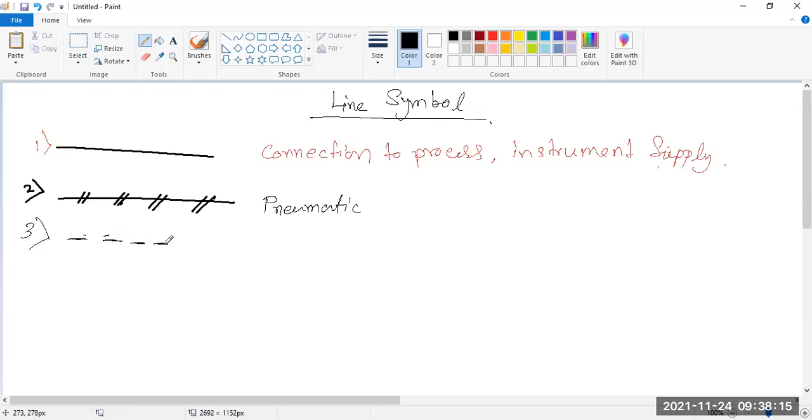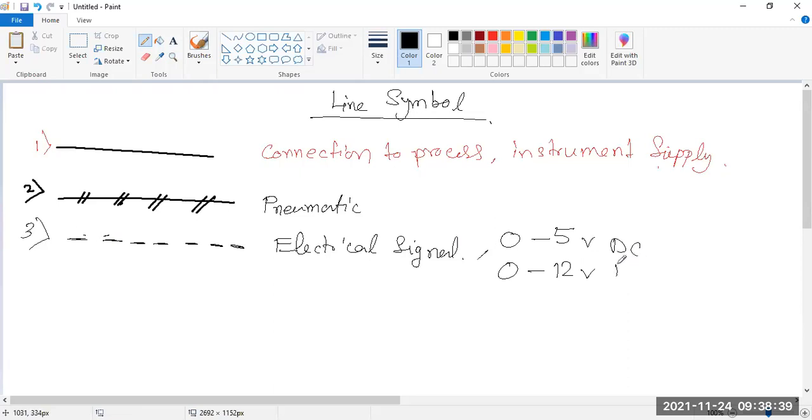If a dotted line is given, you can see that there is an electrical signal. Electrical voltage is given somewhere as 0 to 5 volt, 0 to 12 volt DC. All are DC. Generally 99% of cases it is used as DC.